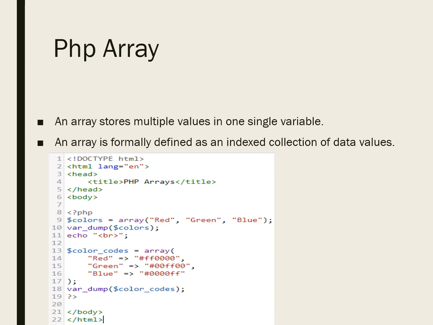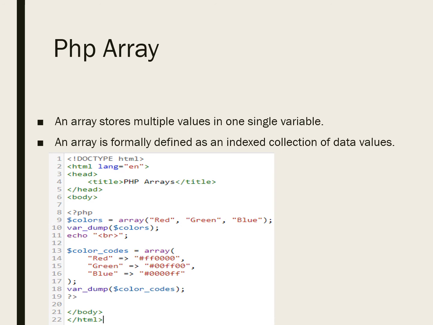That is, in an array there are a number of values listed, and each value has a unique key, which corresponds to or refers to a specific value. Then there is an example of PHP code. PHP array is the title, and in this case an array of red, green, and blue colors is stored in the colors variable, and then variable dump simply displays it.